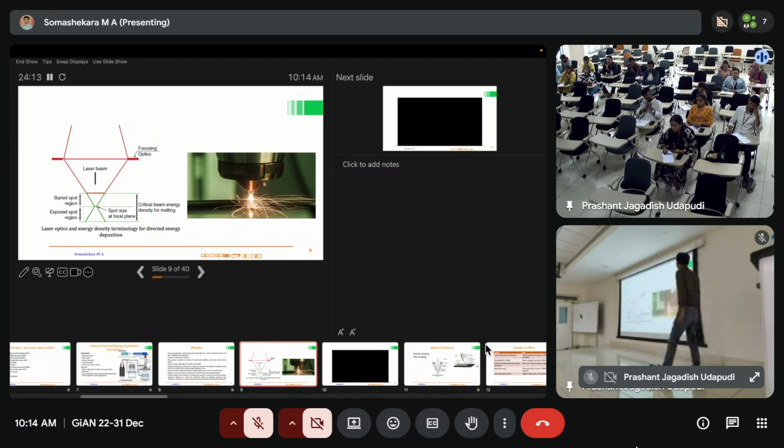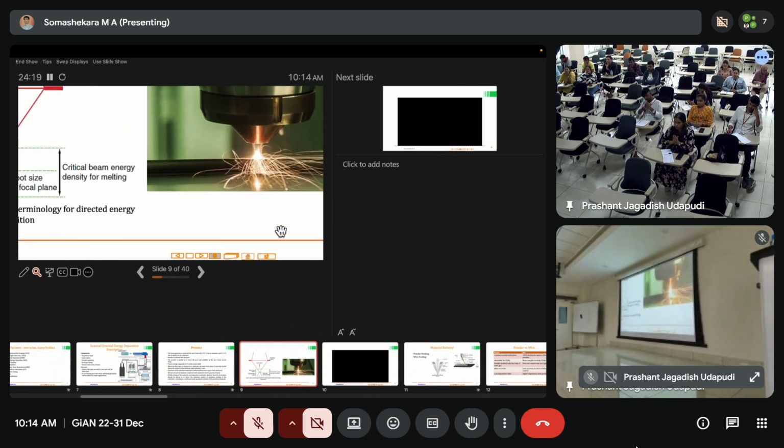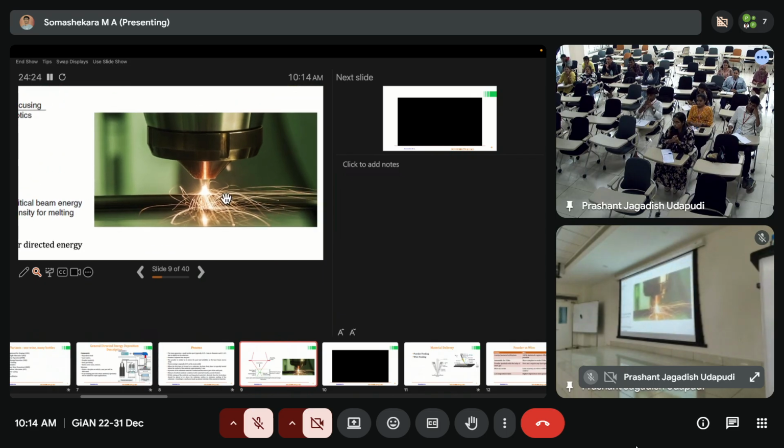If you look closer at how the powder is coming, you can see the powder is coming from the side, right? And this is the laser. This is where the melt pool is.